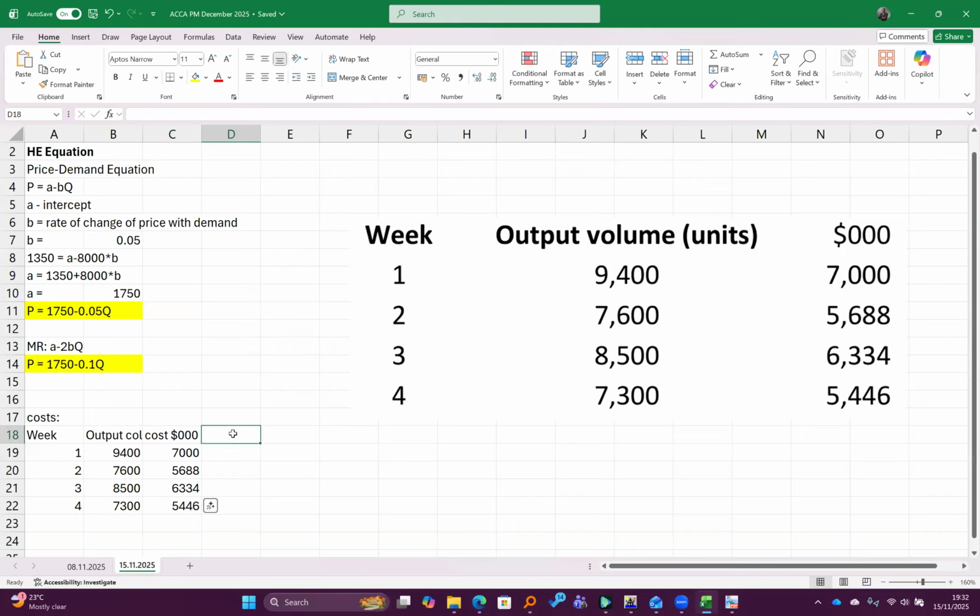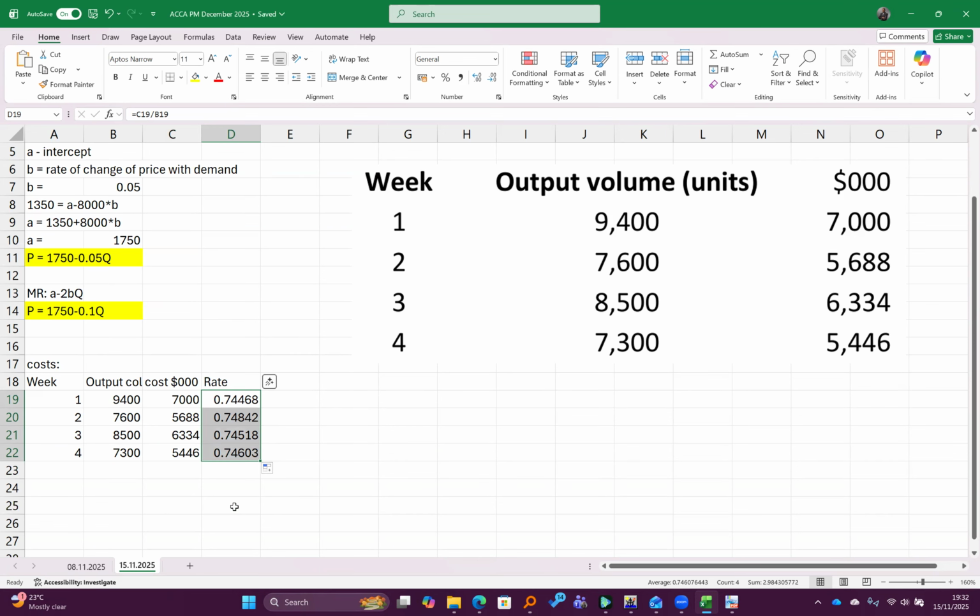So if you wanted to see whether it was completely variable, if you divide 7 million by 9,400, you see you get 0.744. If you try to drag it out, you don't get exactly the same, but you see that there is some component of it that is variable. So it means that these are what we call semi-variable costs.